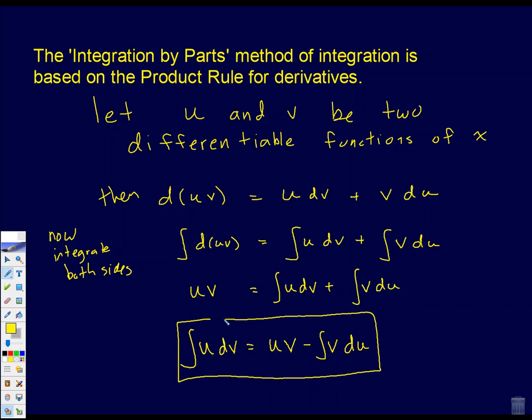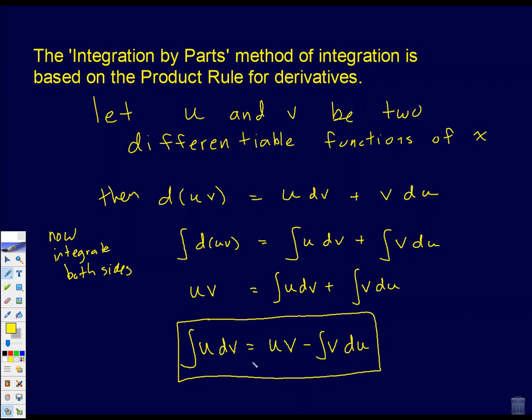And just what this points out is that I have an integrand on the left that is a product of one function u, but a different function's derivative. And on the other side, we have an expression for how that integral could also be represented. If I knew function u, because it was given in the original integral, and I could figure out what dv was the derivative of, and that would be v, it's going to go here and here, and the derivative of my original function u appears in this integral.